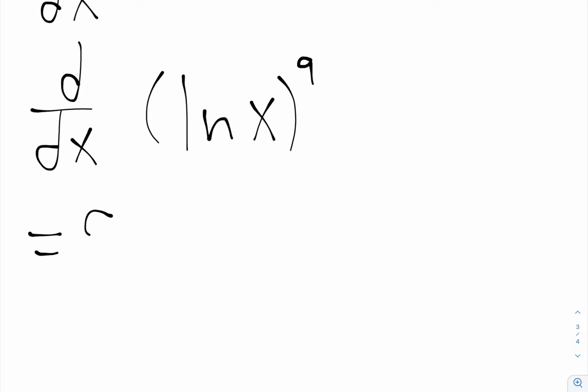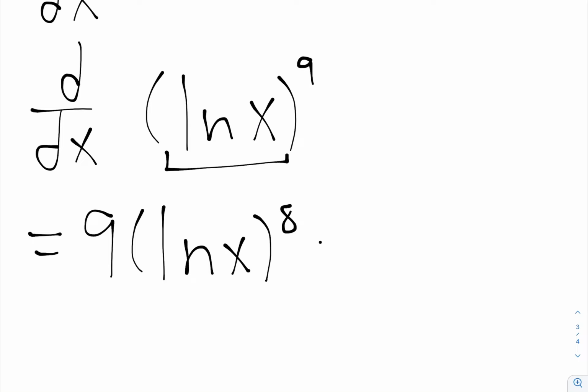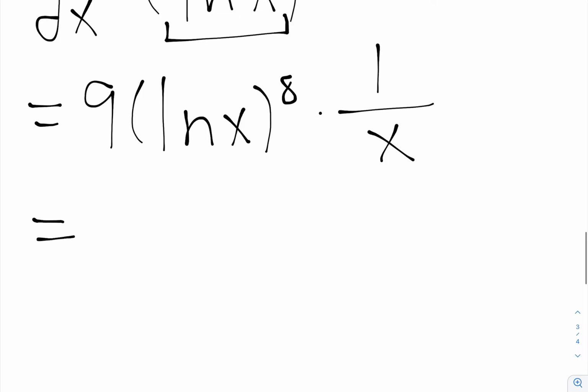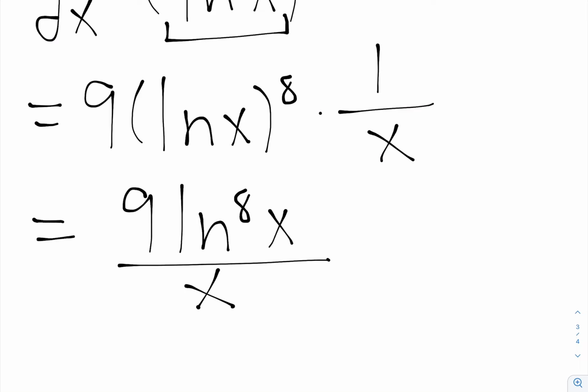This is going to equal 9 times ln x to the power of 8, right? 9 minus 1, but we have to multiply it by the derivative of the inside, because remember, this inside is the natural log of x. So it's going to be times 1 over x. Remember, d by dx of ln x is 1 over x. So this is going to be 9 ln to the 8th x over x. Okay, that's going to be your answer there.